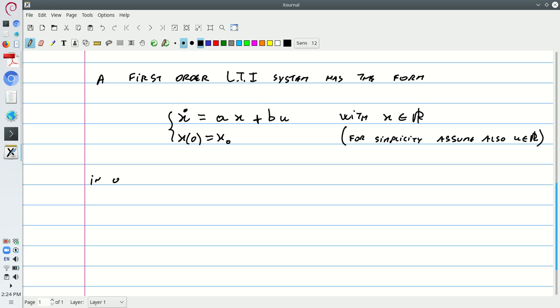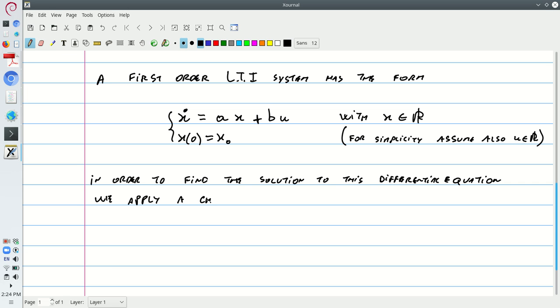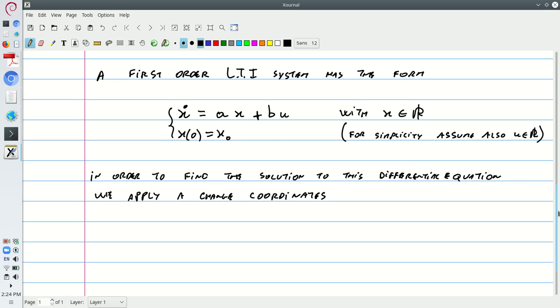So in order to find the solution to this differential equation, we apply a change of coordinates that is going to make everything simpler.